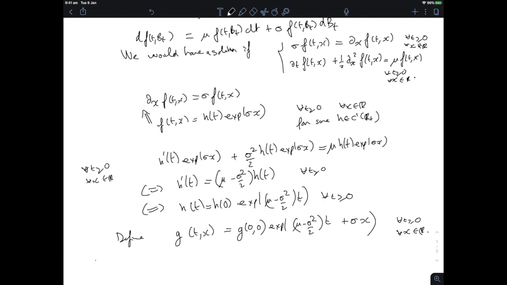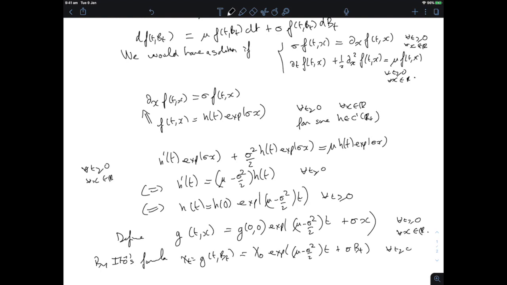And now I have, by Ito formula, that g(t, B_t), X_t equal g(t, B_t), which means X_t equals x naught times exponential of mu minus sigma squared over 2 t plus sigma B_t.